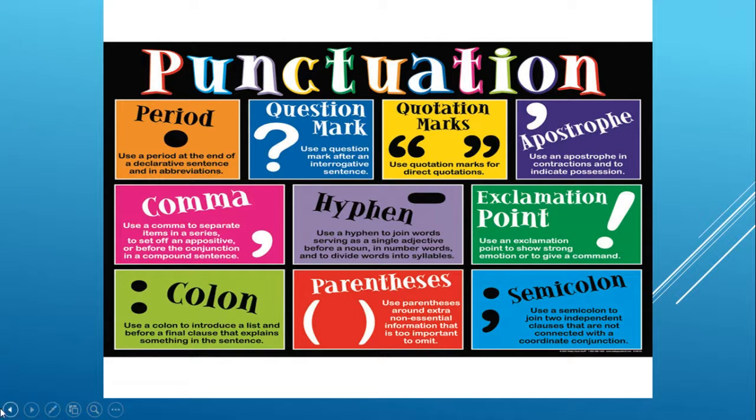That's when you use a comma. Use a comma before which. Use a comma between city and state. Use a comma when you're saying April 21st, comma, 2021. Okay, see where I put the comma?